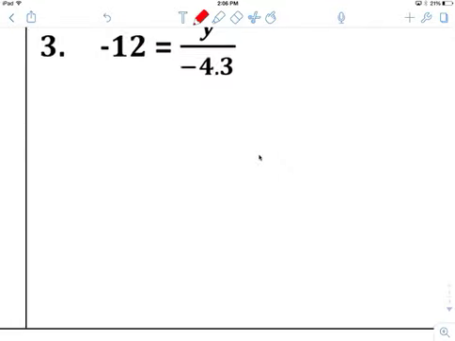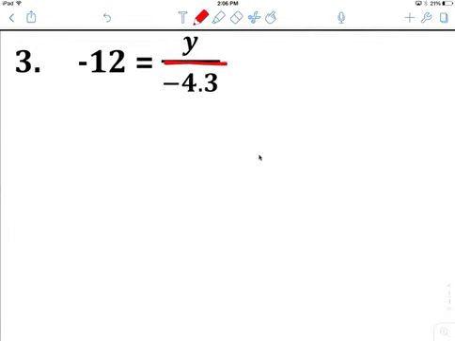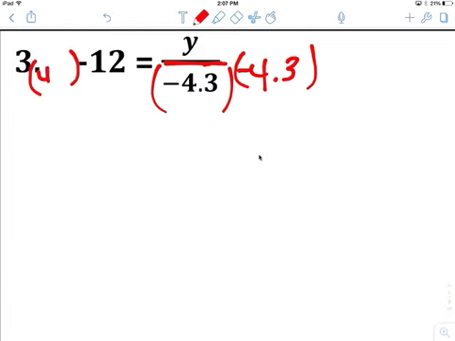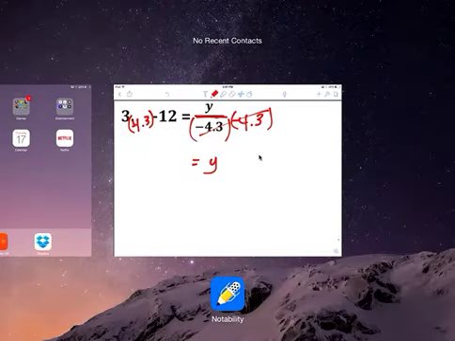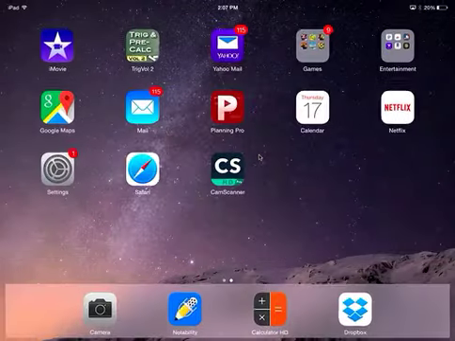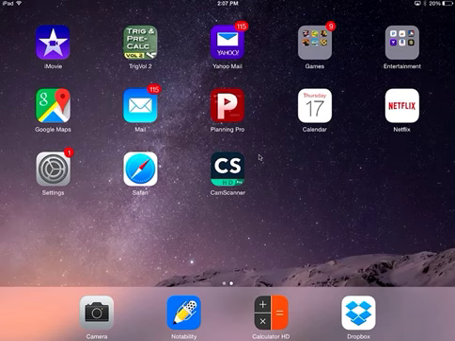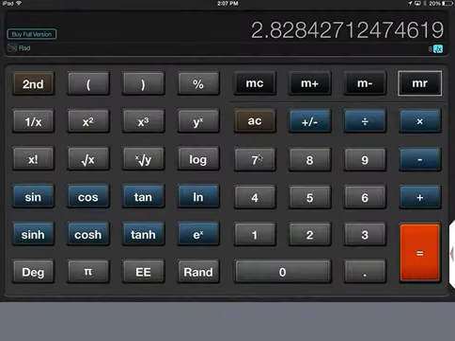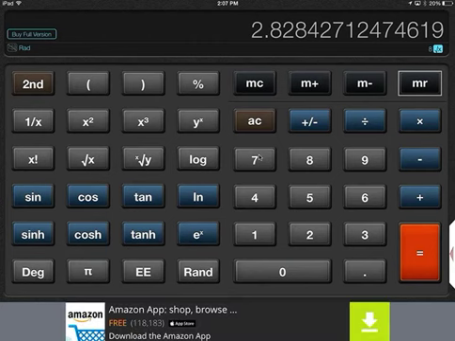Last one here, you see division, so you're going to have to multiply. Gives you y equals to whatever that is. Let me see, calculator, is there a calculator here? Do you have a calculator? Oh, here it is. What was it? I don't remember, you guys.